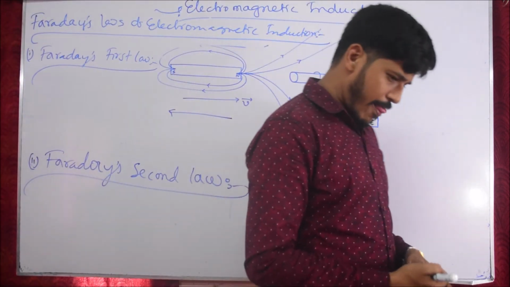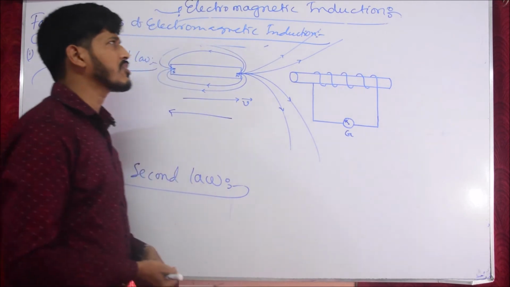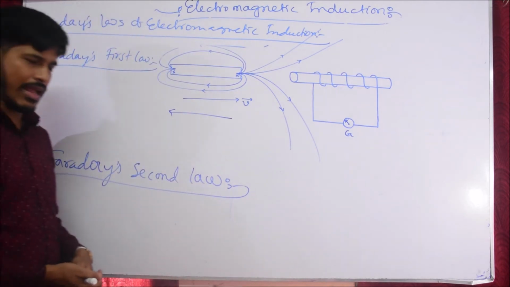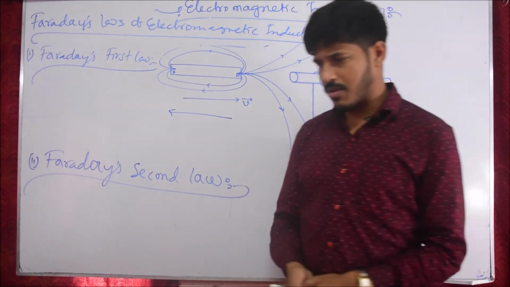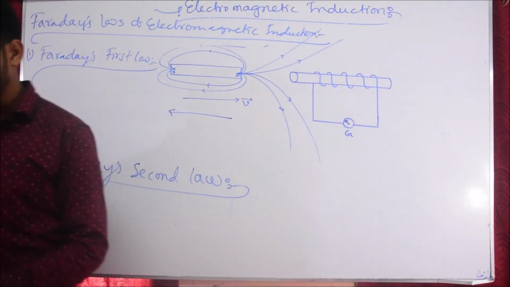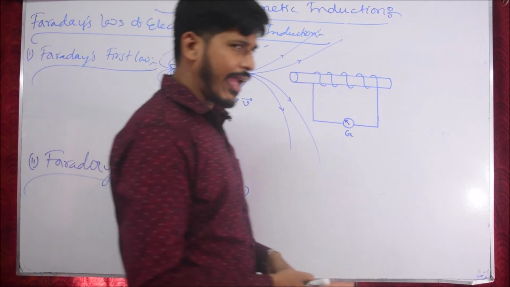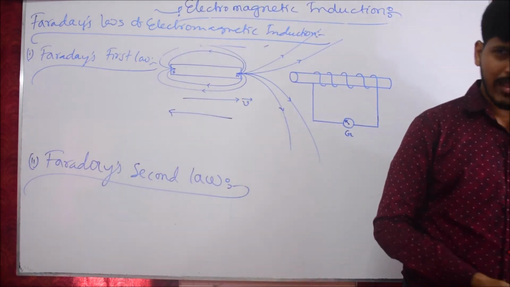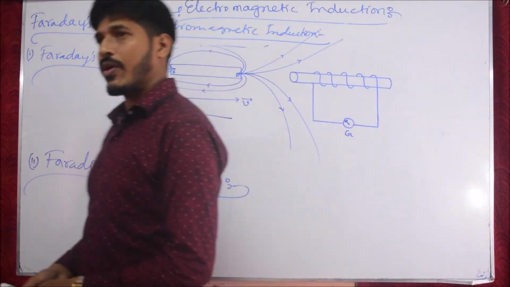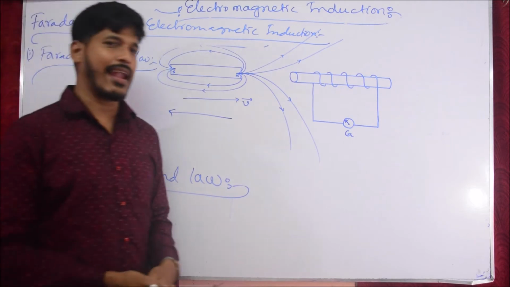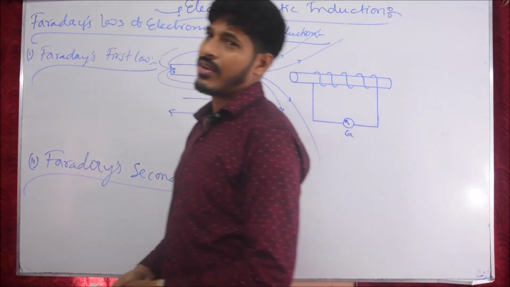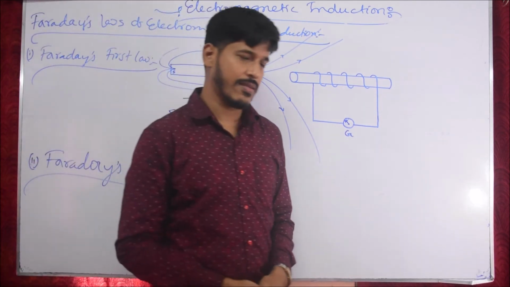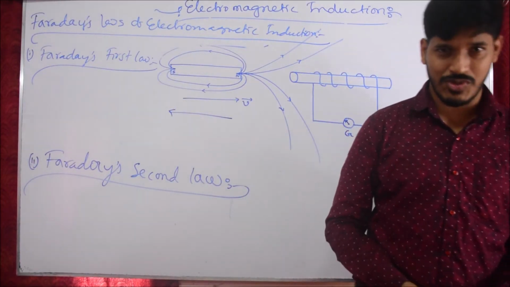According to Faraday's first law of electromagnetic induction, if there is any change in magnetic flux linking with a conductor or coil, there is a generation of induced EMF, and this induced EMF lasts so long as the changes continues.